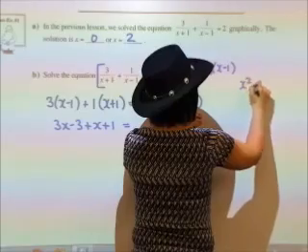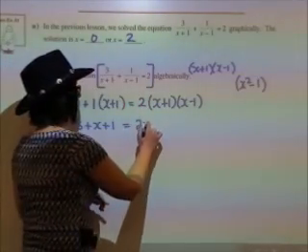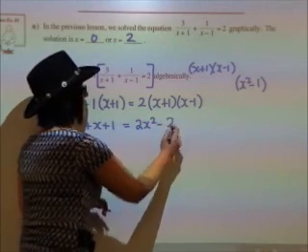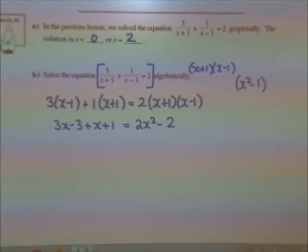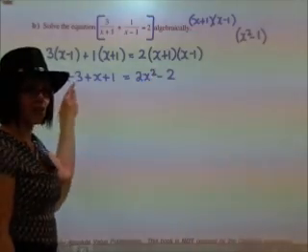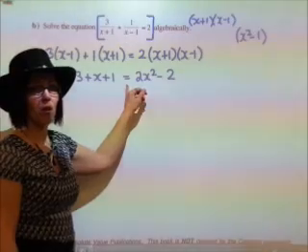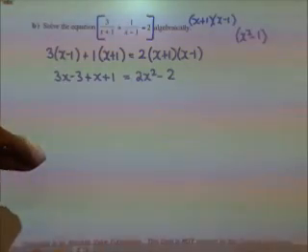X squared minus 1, which when I multiply by 2, I would get 2x squared minus 2. At this point, unlike the questions that we did yesterday where our x squareds tended to cancel out on both sides, that's not going to happen, which means I'm going to end up with a quadratic equation.